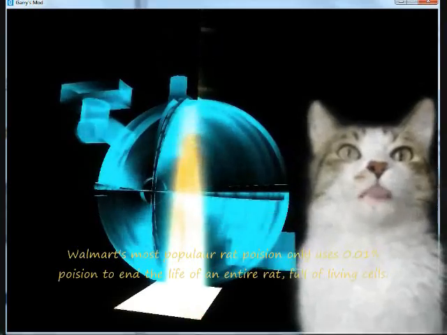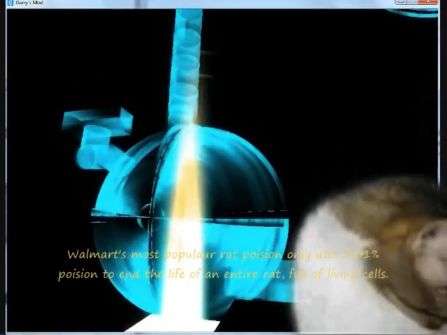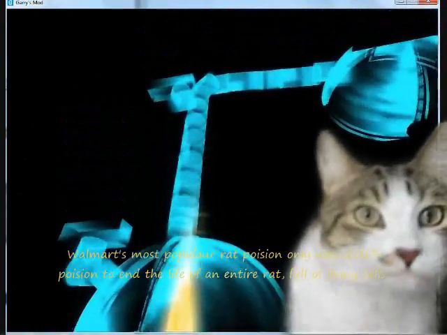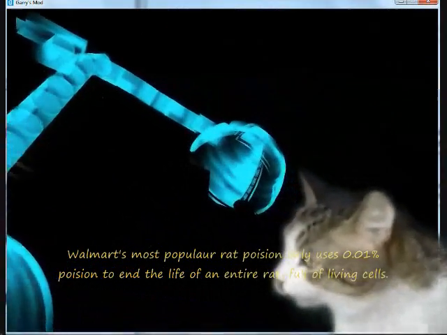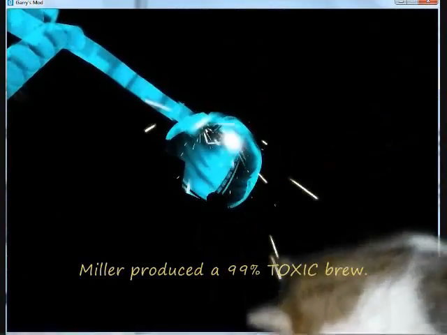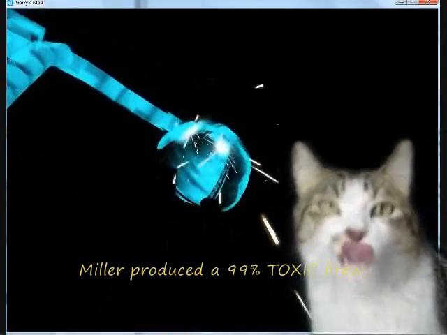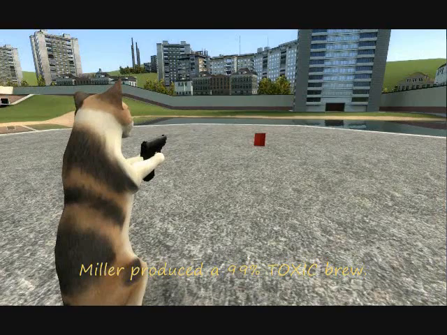Walmart's most popular rat poison only uses less than 0.01% poison to end the life of an entire rat full of living cells. Miller produced a 99% toxic brew.